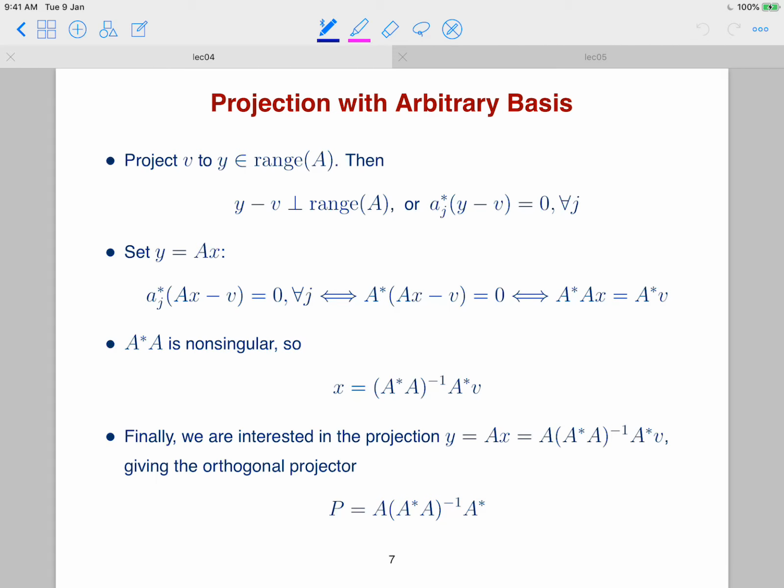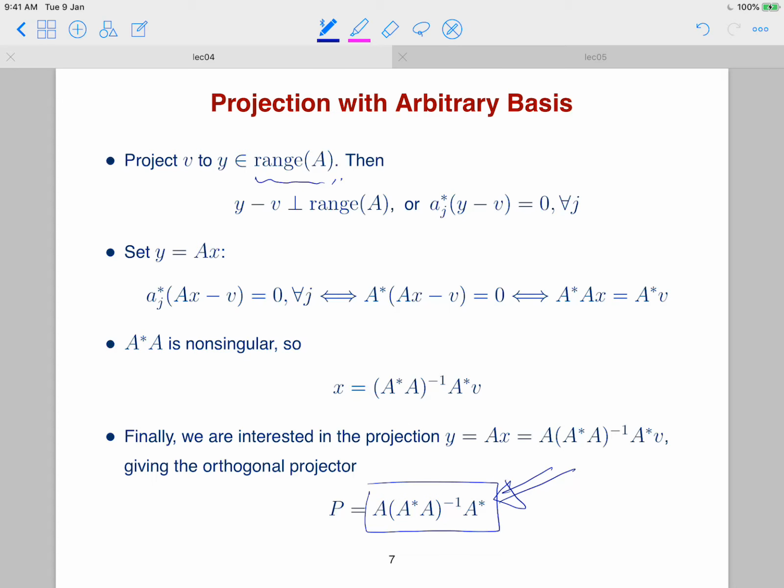Okay, so for projection onto an arbitrary basis, I think we already covered this in the least squares, right? We want to project some point onto the range of A, right? And our conclusion was the projection matrix P, which is idempotent, represented as this.